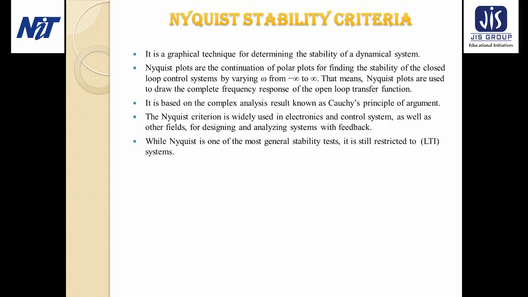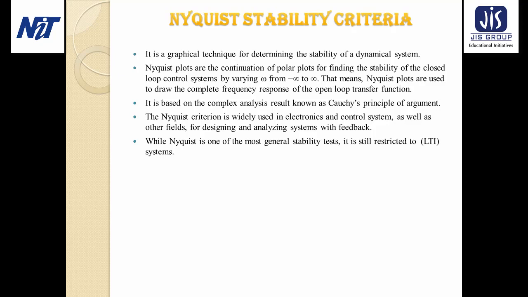Now what is the difference between relative stability and absolute stability? If a system returns to its equilibrium state after the inputs given to the system are removed, then that type of stability is known as absolute stability. And relative stability is the measure of how fast the transient dies out in the system.